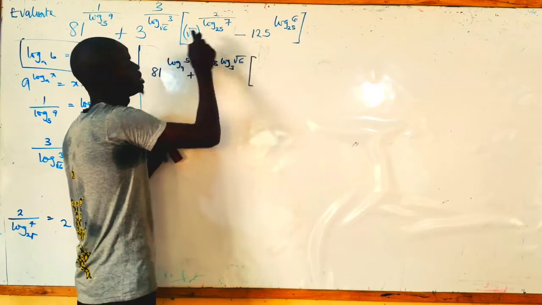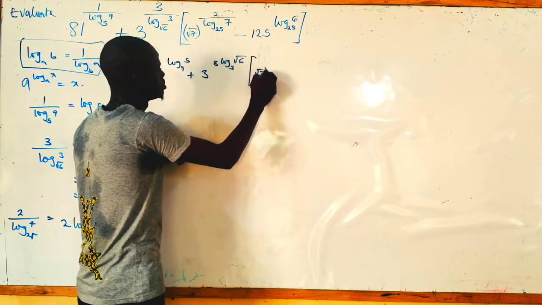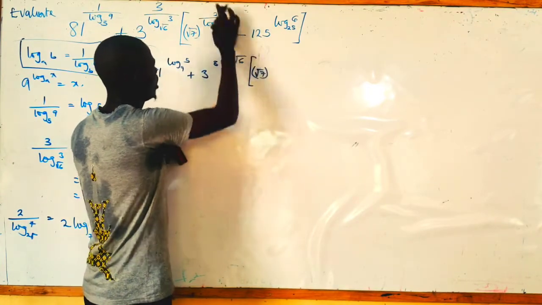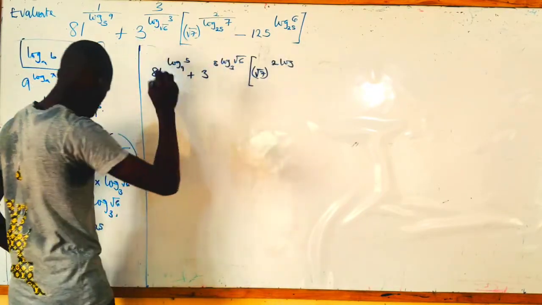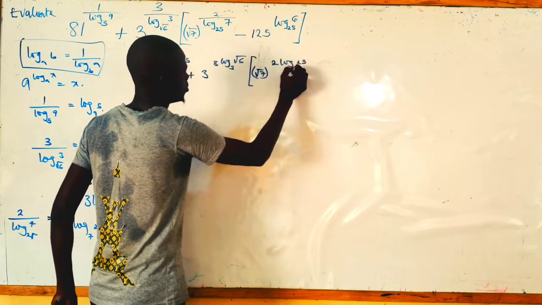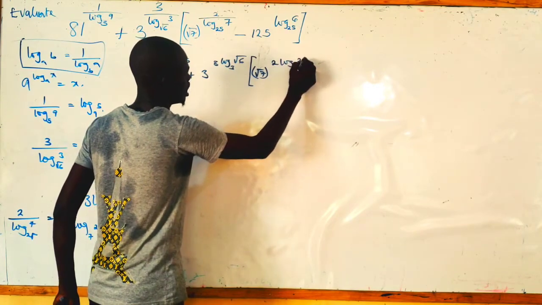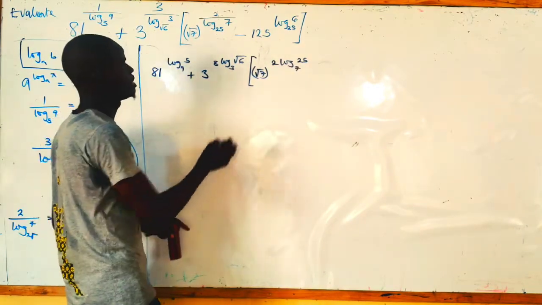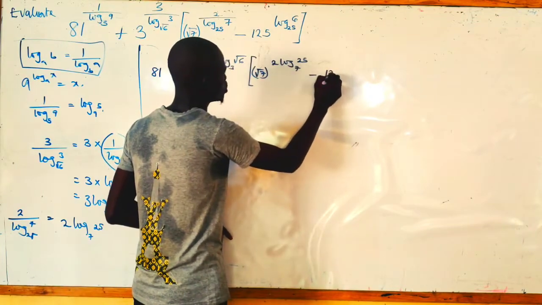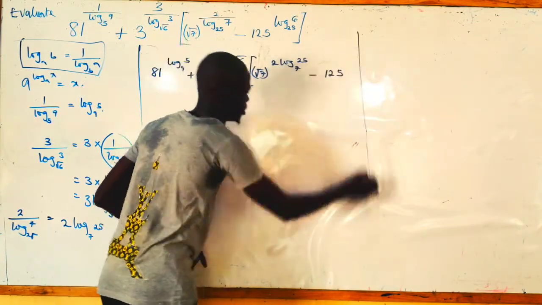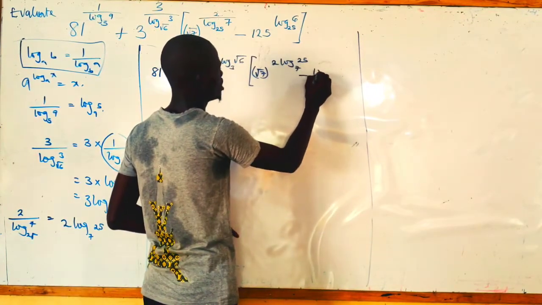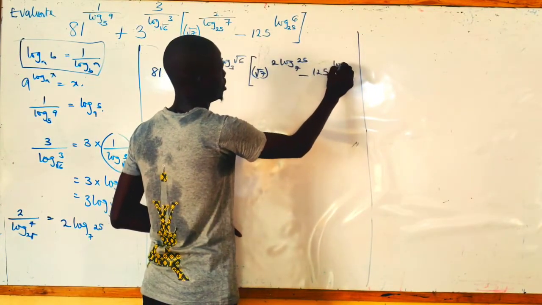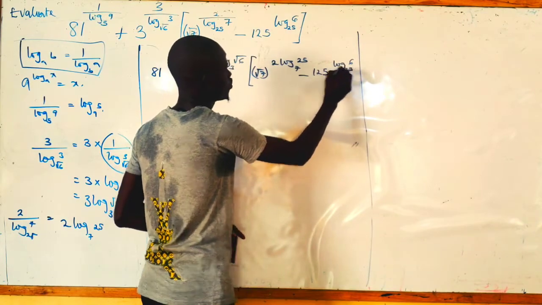This one should be giving me root 7. Then all this I'll be having 2 log 25 base 7. Then I should be having this one as minus 125 log 6 base 25.